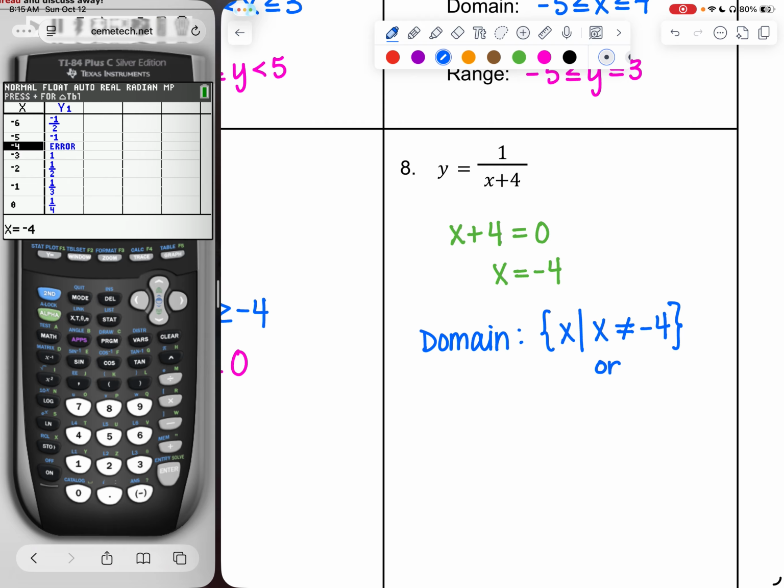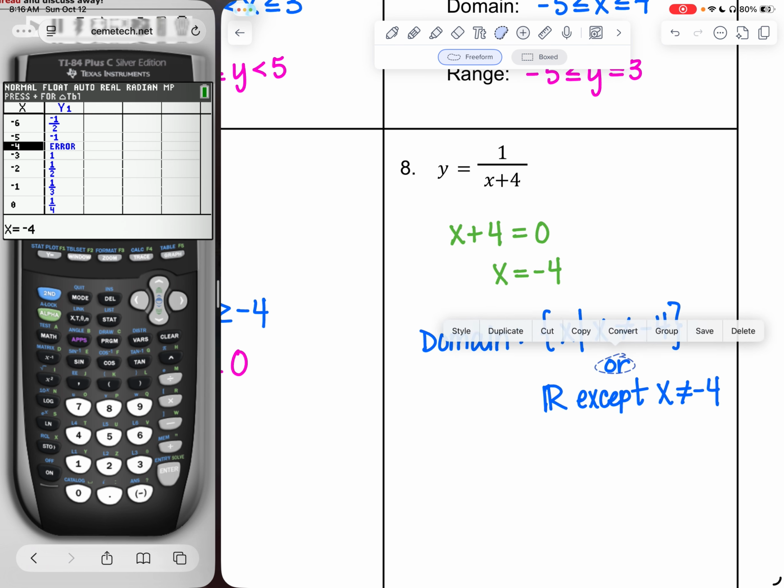If you want to, you could write it and say all real numbers except x cannot be equal to -4. I don't care however you write it, as long as it's saying the same thing. It makes sense. All right, so now let's look at the range.